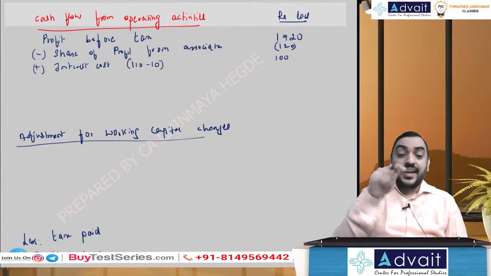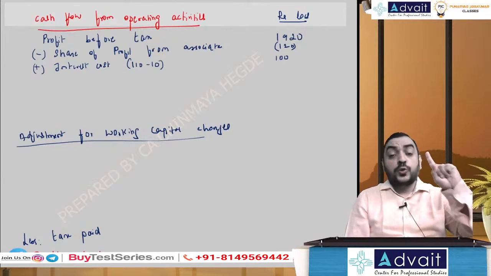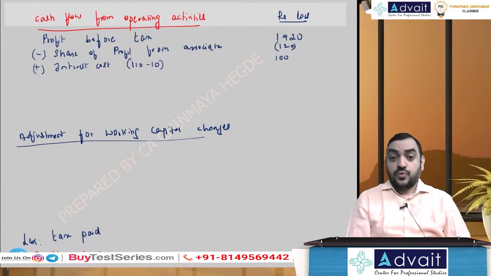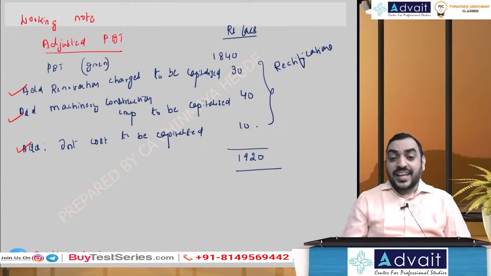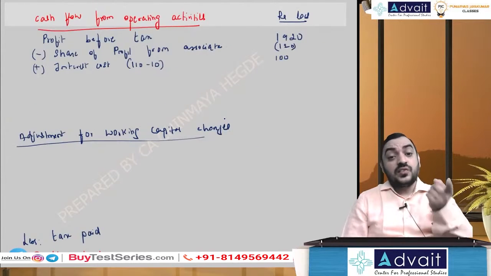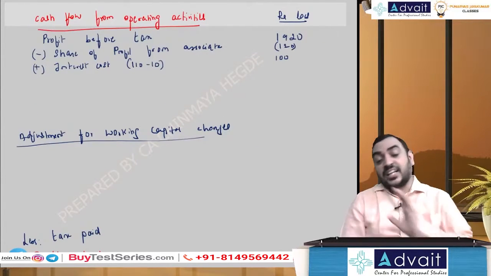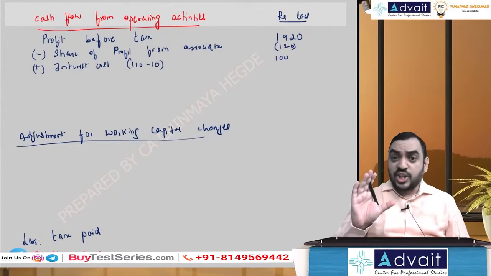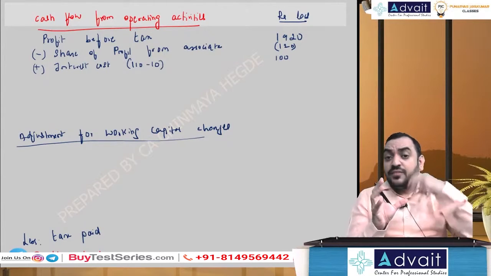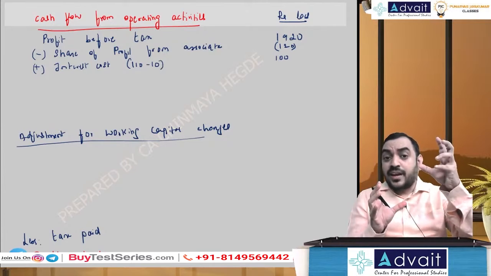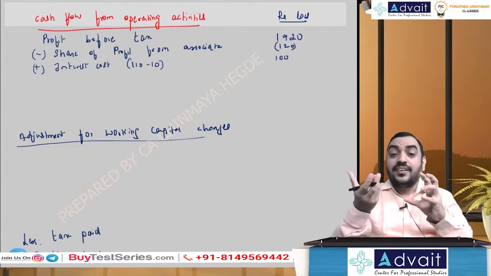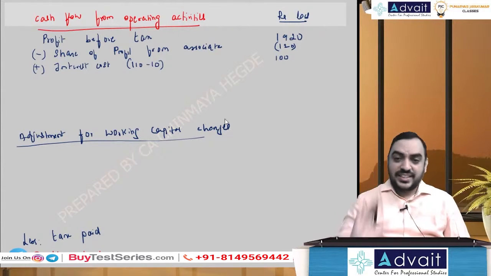There we subtract and here we add. In financing activities also we subtract 100 only. Why? Because the 10 we already capitalized, and capitalized means it is going to be taken in investing activities. Understanding the concept: 110, 10 we capitalize, so it will be subtracted in investing activities, and 100 will be subtracted in financing activities.